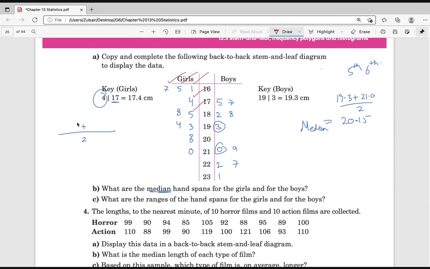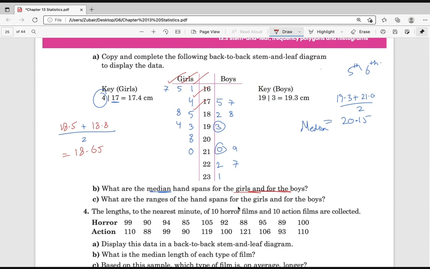This is the fifth value, 18.5. And the sixth one is 18.8. So 18.5 plus 18.8 divided by 2 is 18.65. Yes, sir.